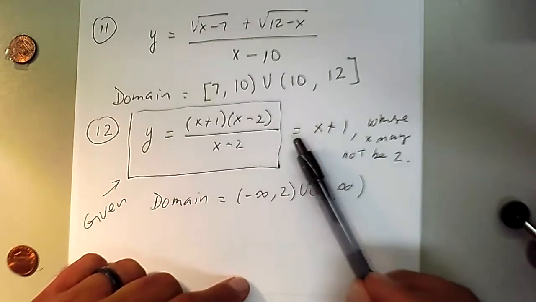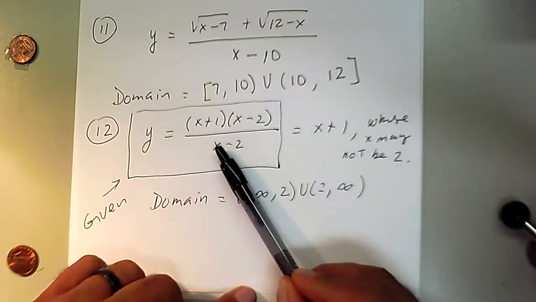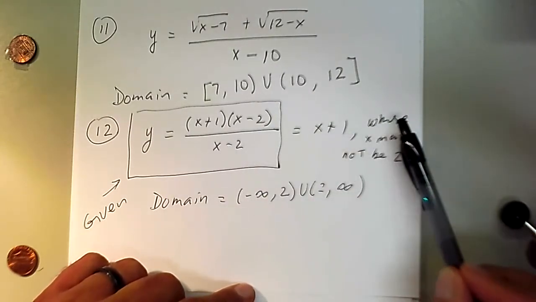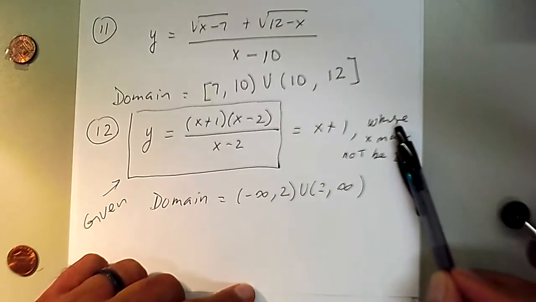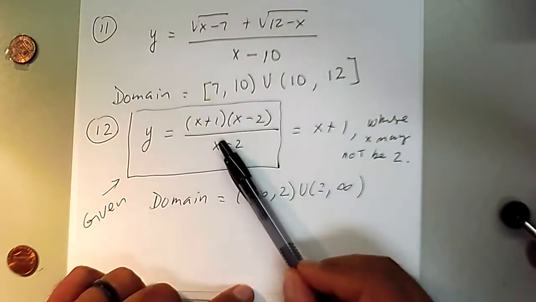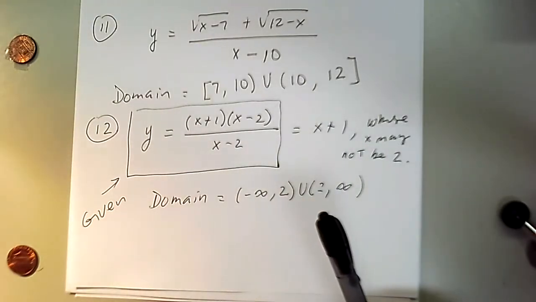So no. The way we reconcile and cancel that off is by stating, yes, we get x plus 1, but then we have to explicitly state that x cannot be 2, because this x plus 1 came from this fraction. That's a tricky question, but a question that we have to know how to answer.